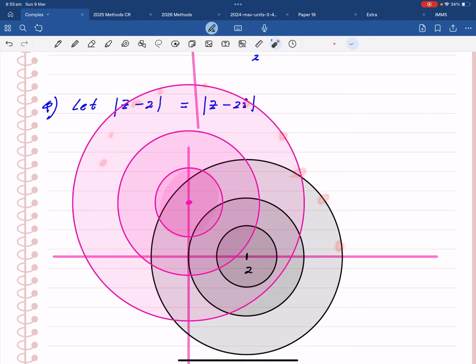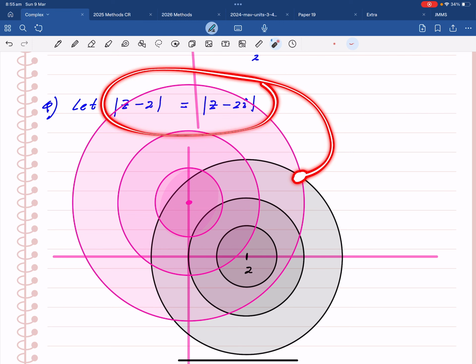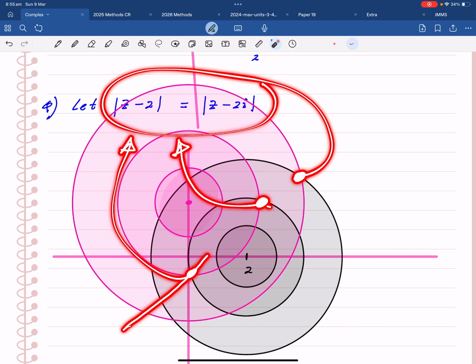So there is a common point here. This common point tells you this condition, and this common point tells you this condition. Likewise, there are a lot of common points. If you connect those common points, that z is lying on that line.